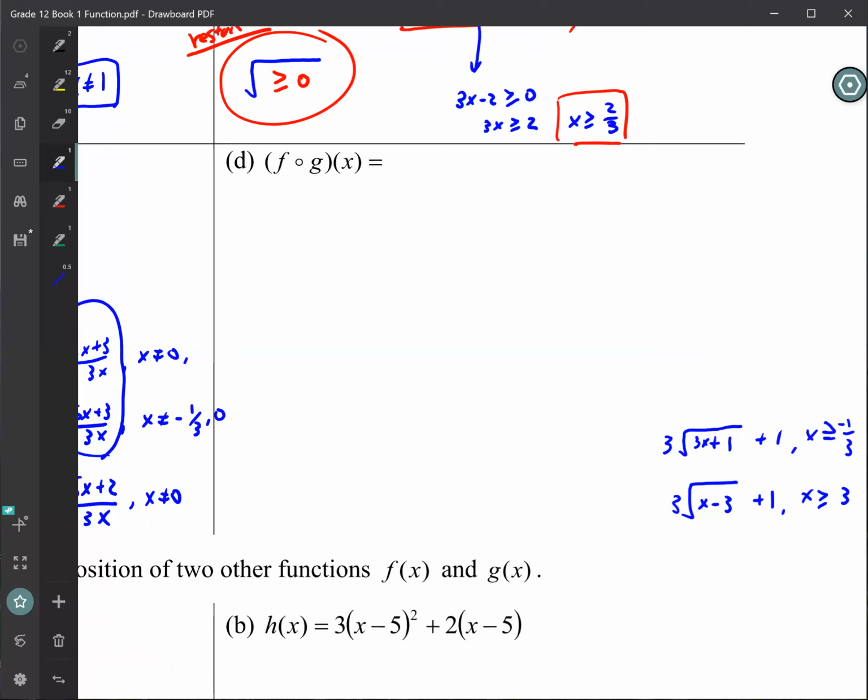Samantha, what's your answer for D? Did you get this one? 3 times square root of x minus 3 plus 1. And restrictions?